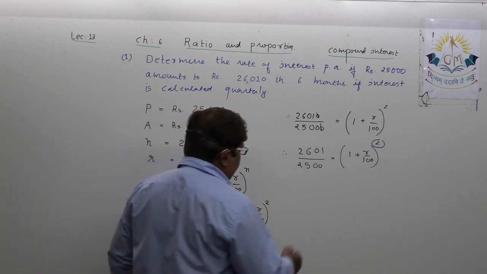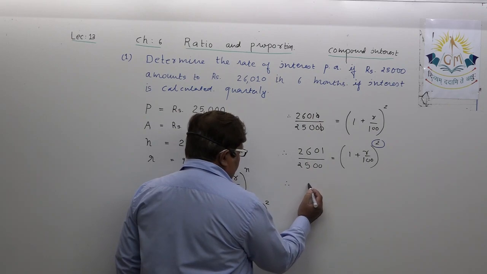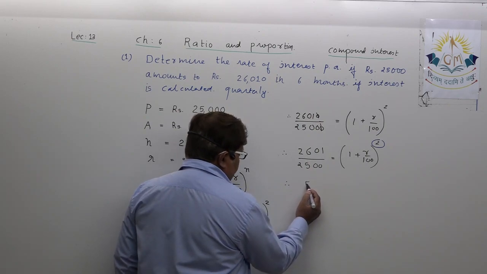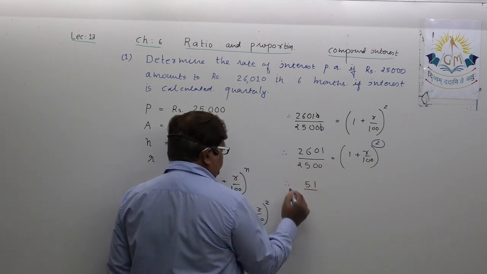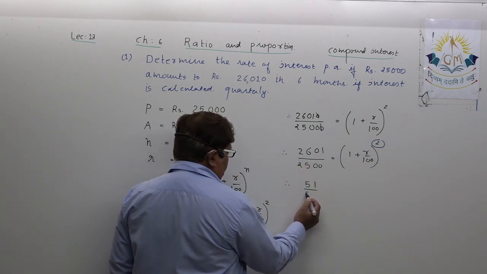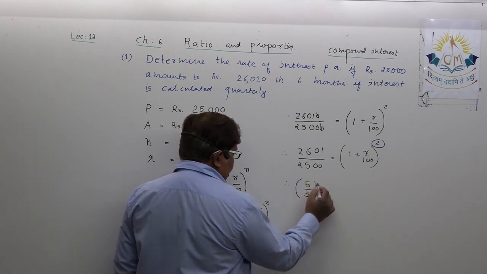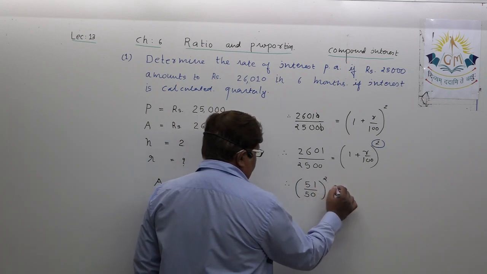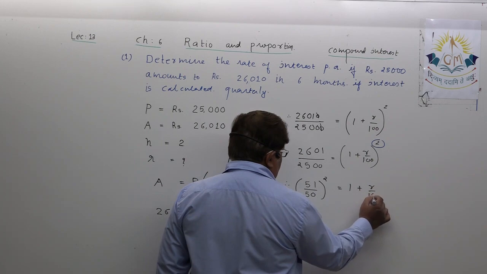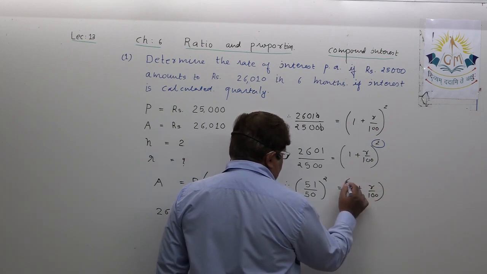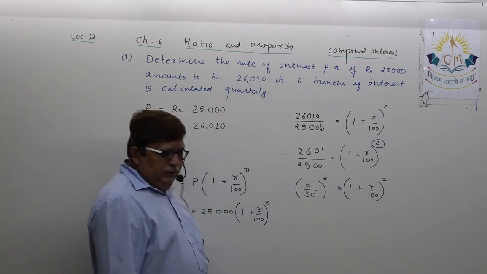Understood? So, dear student, can we write it this way? Instead of 2601, let me write 51 squared, and instead of 2500, 50 squared, equal to 1 plus r upon 100 raised to the power 2. Is it clear?